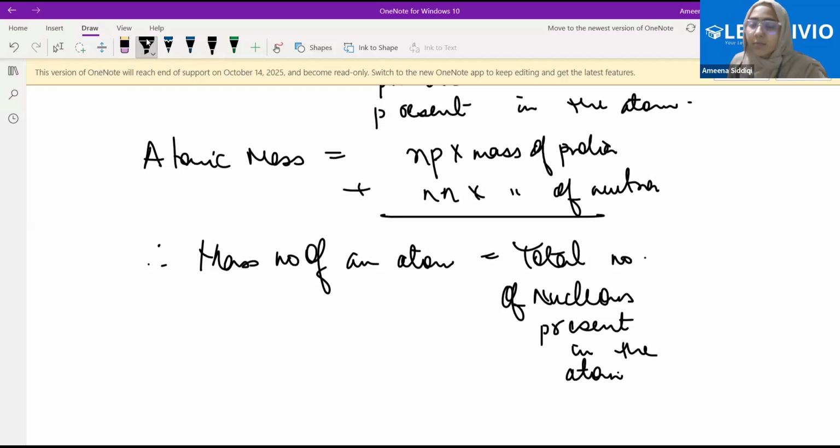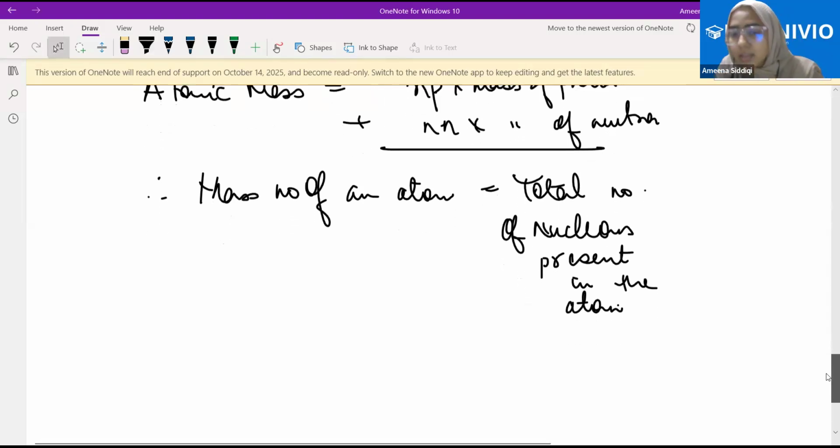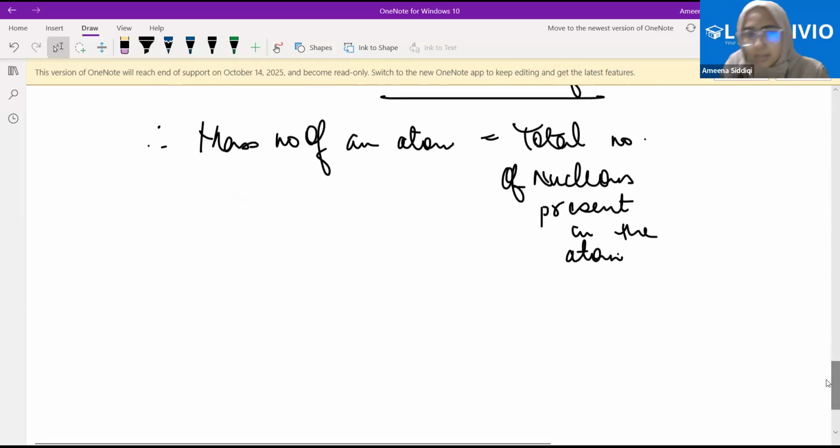Why is it that we are taking it like this? Because we know that the mass of the atom is just happening because of the total number of the nucleons. We know this, right? Because we have neglected the mass of the electron. So it is the total number of the nucleons which is really deciding the mass of the atom. So what is mass number? The total number of nucleons present in the atom.